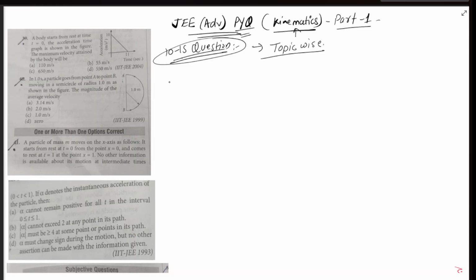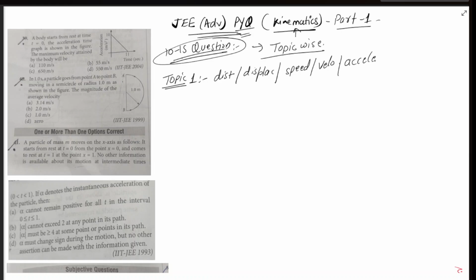So let's start. Topic 1 of our discussion is the basics of motion, where we have studied distance, displacement, speed, velocity, and acceleration.